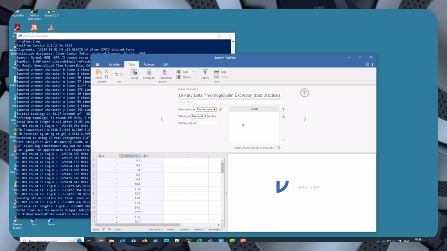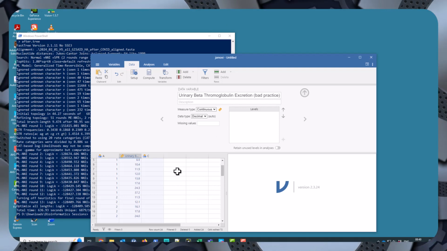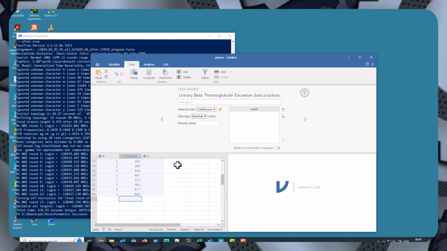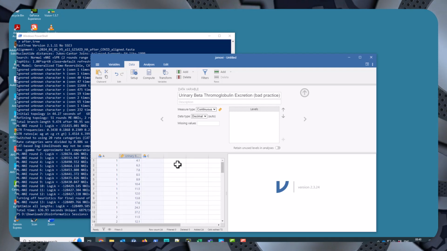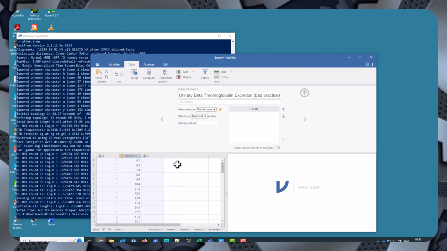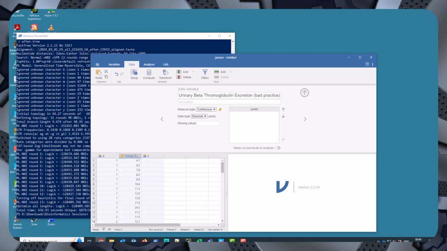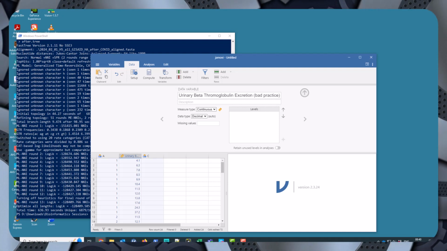I'm thinking that that's going to be nanograms per litre. Well, actually, probably not. It looks like they're completely made up values, because they don't look to be particularly sensible.